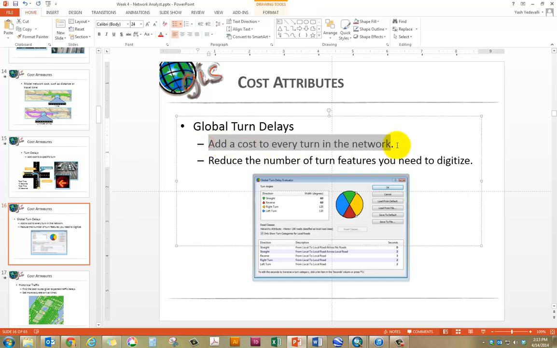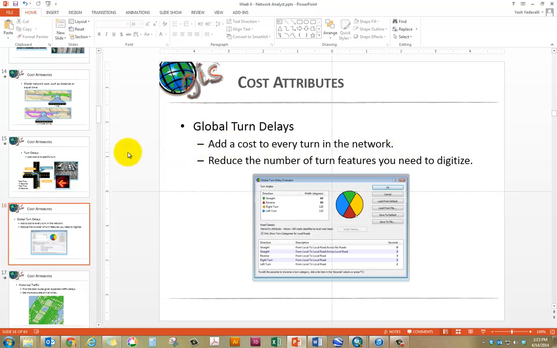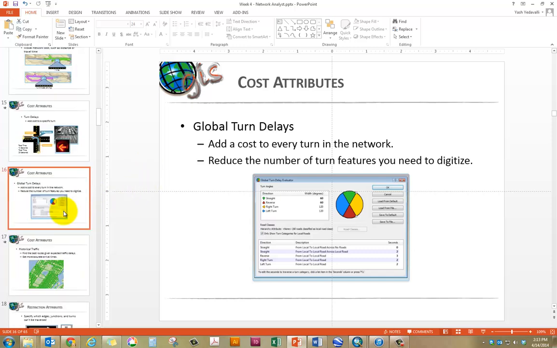When you add a cost to every turn, like 15 seconds here, you are essentially reducing the number of features you need to digitize, and so on. Essentially, it will give you much more advanced, sophisticated and accurate cost estimates when you are performing analysis using this network dataset.